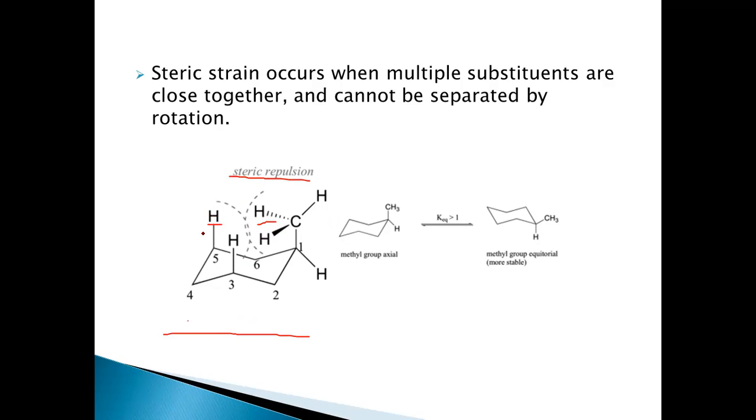So if these two hydrogen atoms are just close to each other, that is, less than the van der Waals radii, then this is suffering from this repulsion that is called steric repulsion.